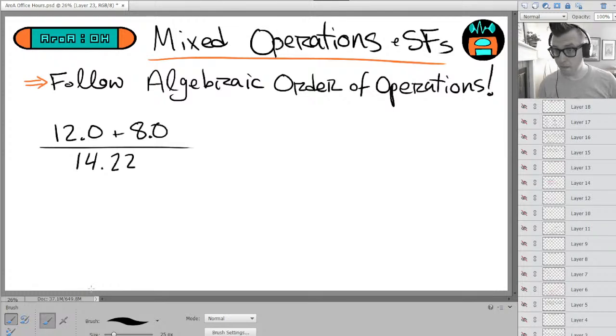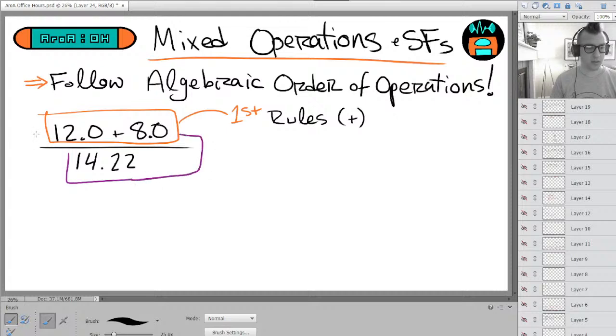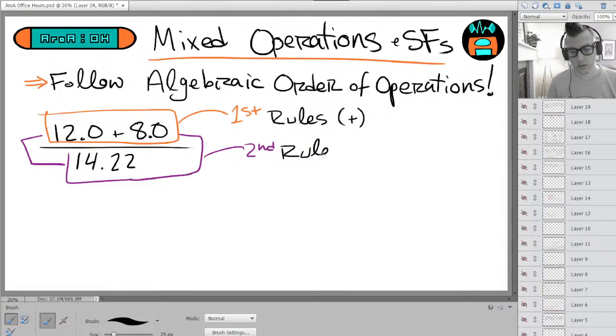The way you do this problem is first step, apply the rules for addition, and then second step, apply the rules for division. All right, so you kind of take it one chunk at a time.